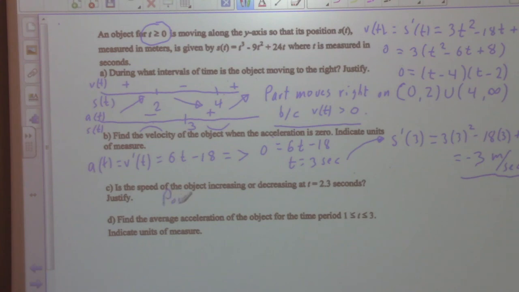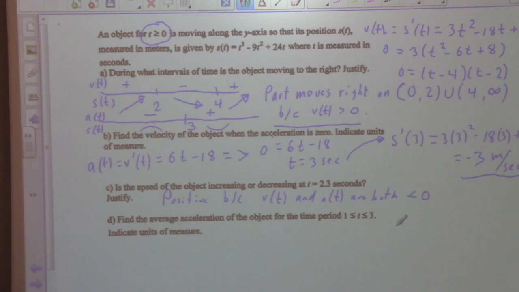The justification is that V of t and A of t are both less than 0, both negative.